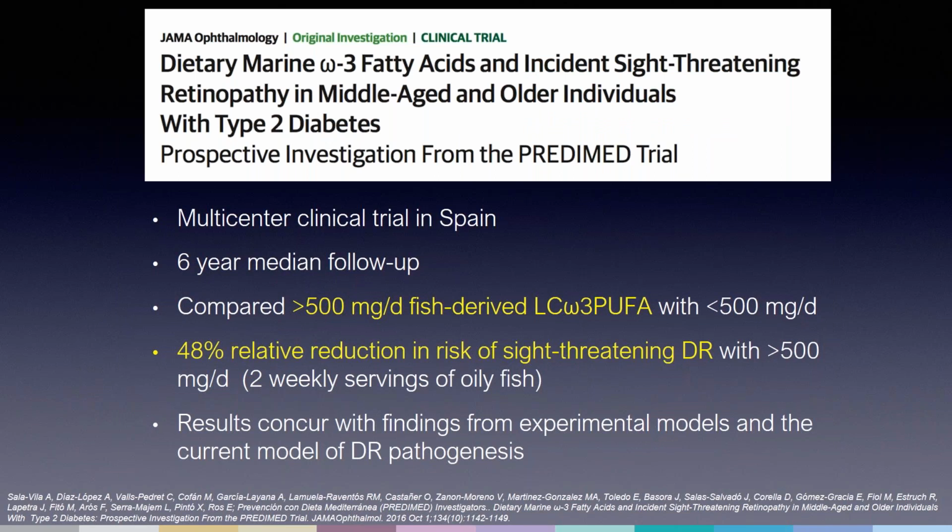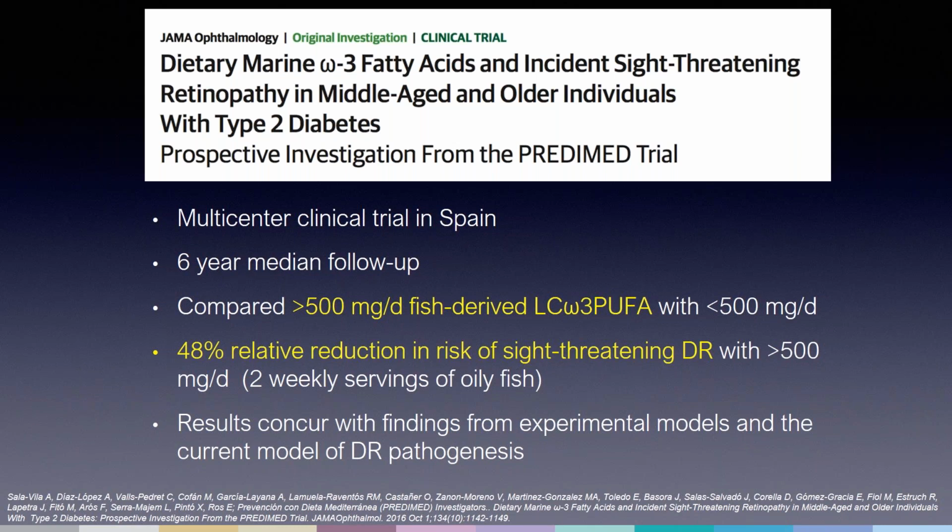And these people had type 2 diabetes, and they were older individuals. And what they found was that those subjects enrolled in the study that consumed more than 500 milligrams per day of fish-derived omega-3 fatty acids, when compared to those that consumed less than 500 milligrams, and this was a critical level, the 500 milligram was the cutoff.